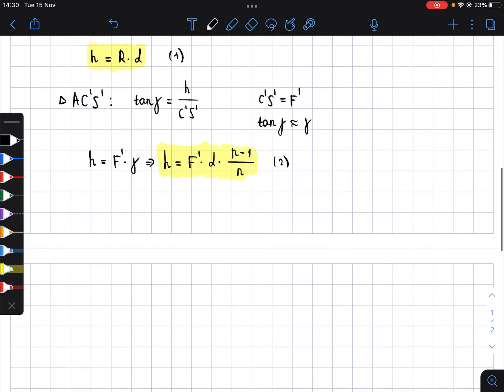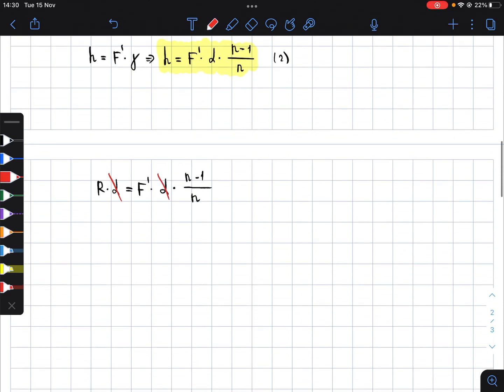So it means I can write here that R multiplied by alpha is equal to F prime multiplied by alpha multiplied by n minus 1 divided by n. I can cancel here my angle alpha, so n divided by F prime is equal to n minus 1 divided by radius of the curvature.